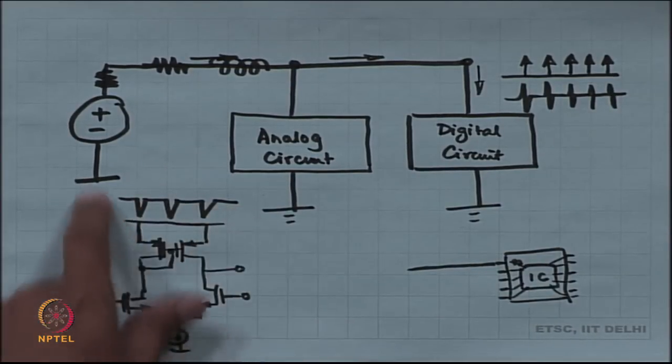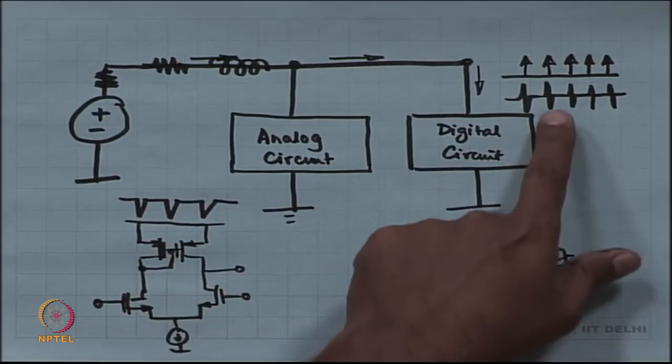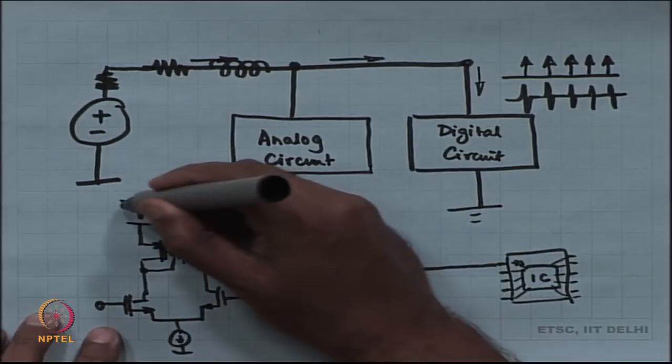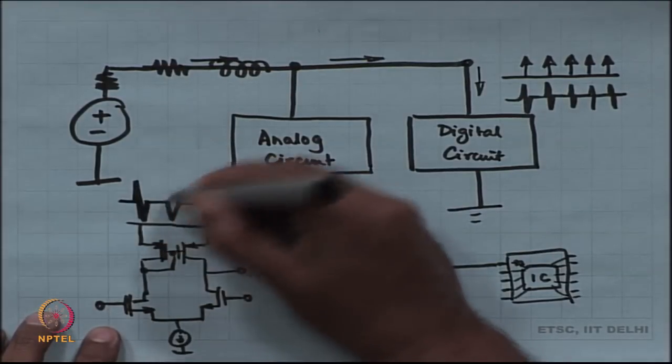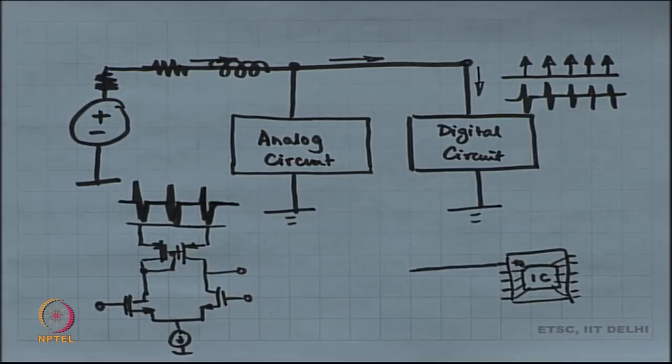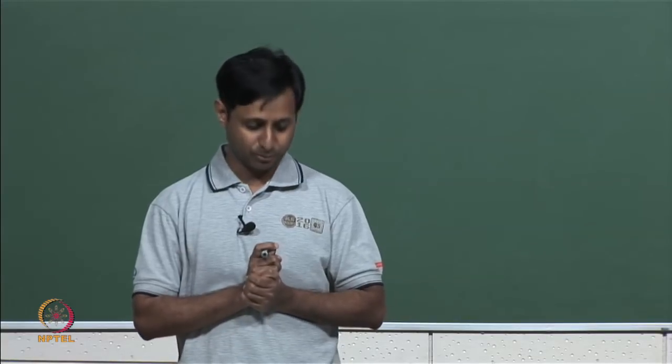So, effectively this power supply voltage is not even going to look like this. This is if you are lucky. Typically, it is going to look like this, which is even worse, and L di by dt is going to go up as the frequency goes up. The shorter these pulses are, di by dt is going to blow up more and more.